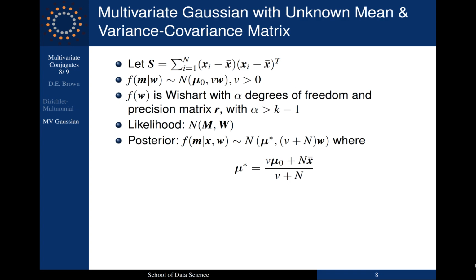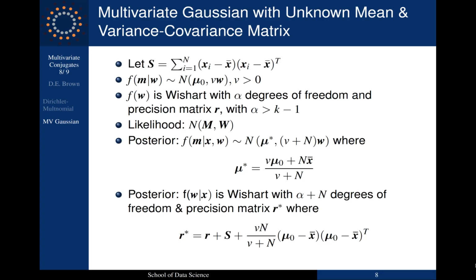And the new parameters for this multivariate Gaussian are shown, with mu star being the updated mean vector for the posterior multivariate Gaussian, and nu plus n times the matrix W being the updated precision.